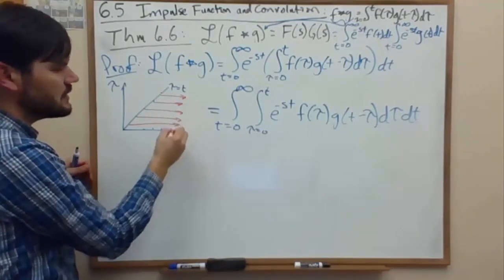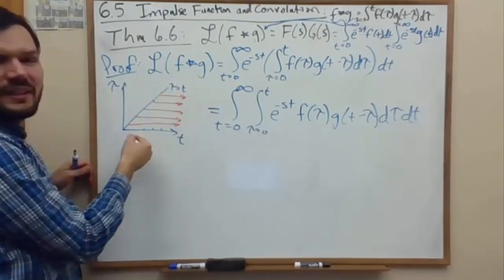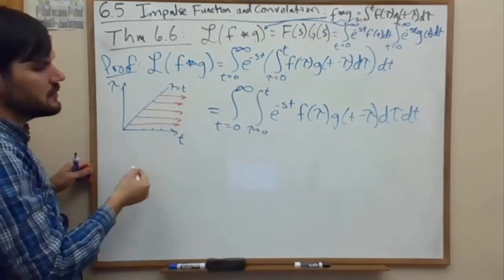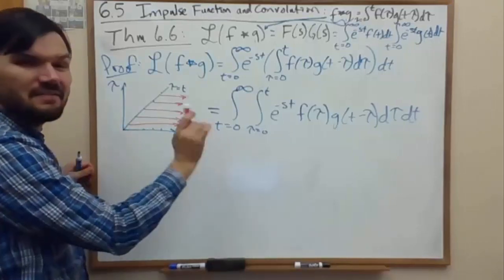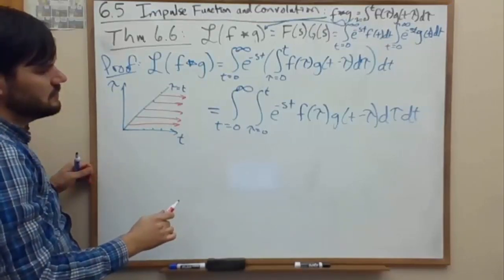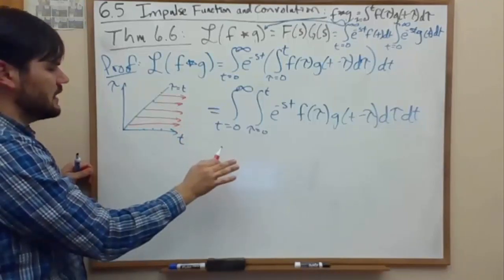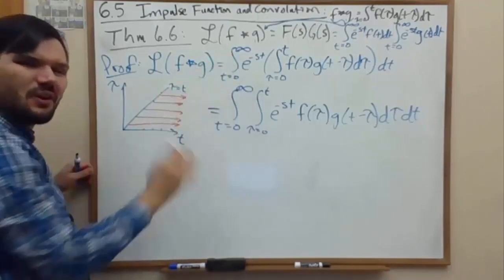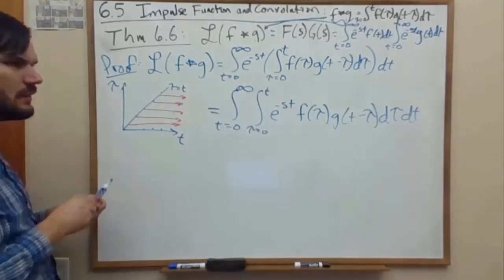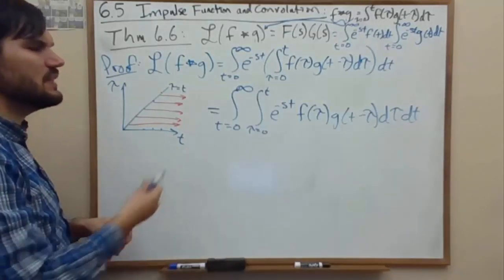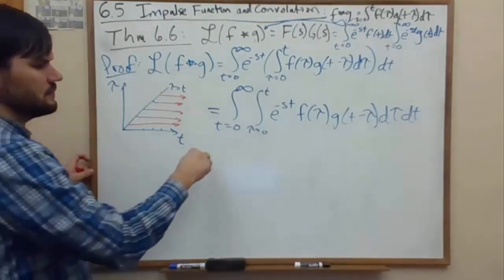And if we slice horizontally, the left limit is tau equals t, or t equals tau, and the right limit is infinity. And then the lower limit on tau is 0, and the upper limit is also infinity. So by rewriting the order of integration, we can get the right limits.